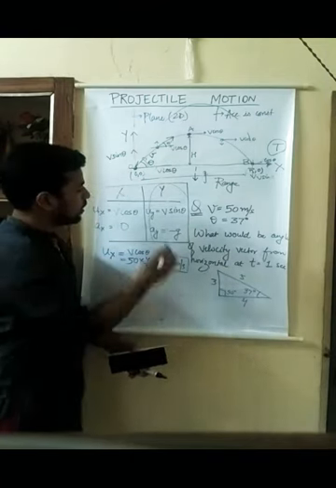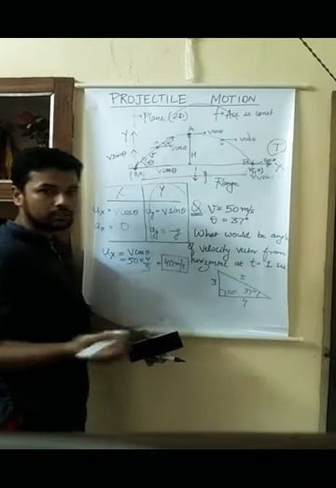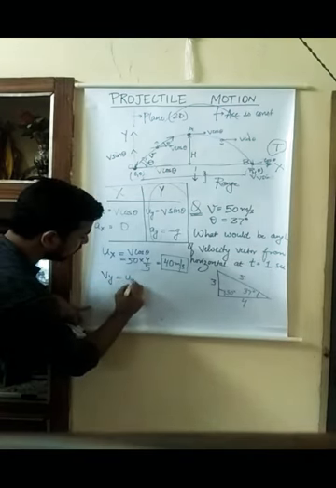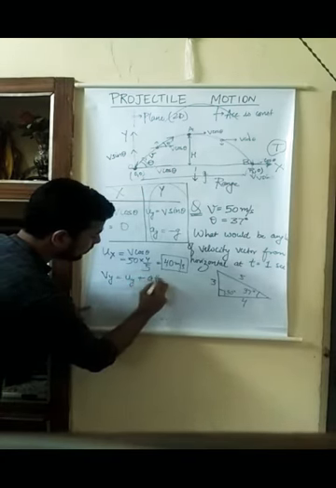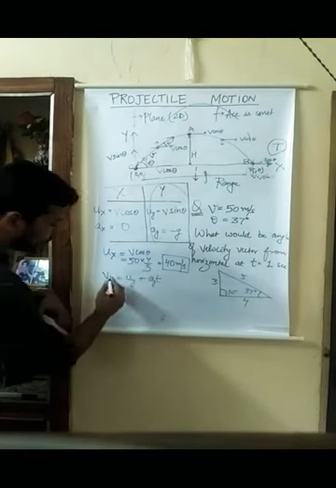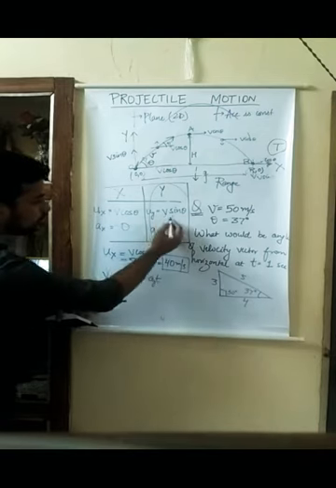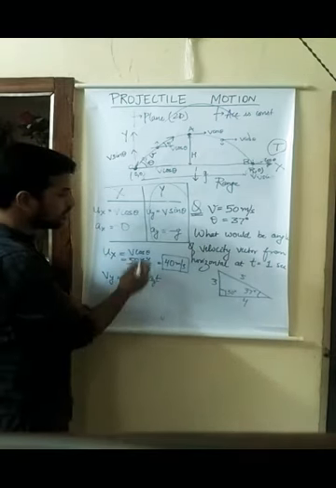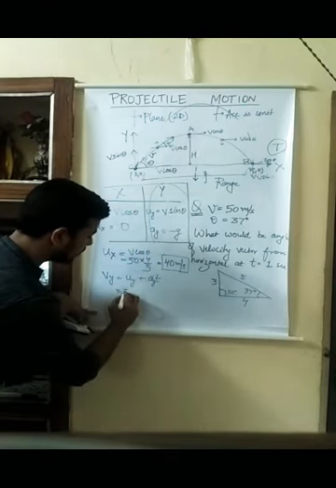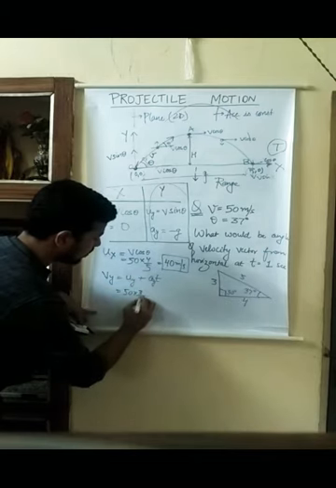To do that, we know our initial velocity and we know our acceleration. So we'll basically use the formula Vy equals Uy plus at. Vy we have to obtain, and Uy, that is the initial velocity in y direction, is v sin theta, that is 50 times sin theta, which is 3 by 5.